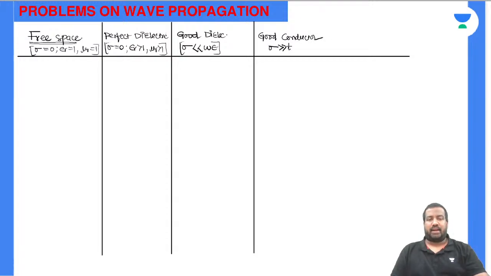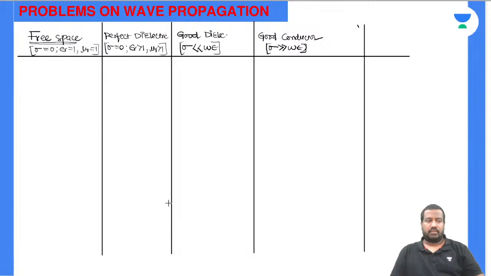Sigma is far greater than omega epsilon. Then we went for perfect conductor.